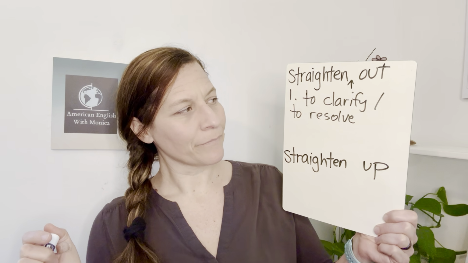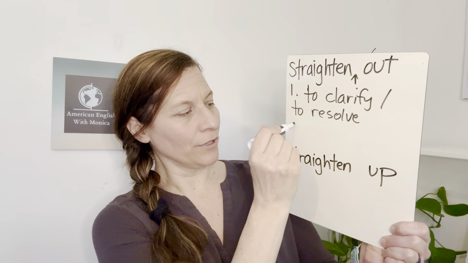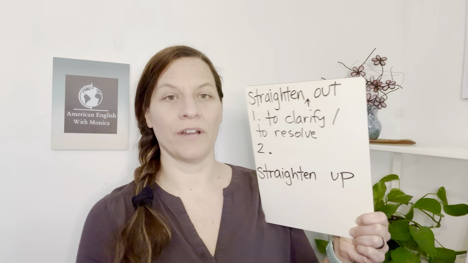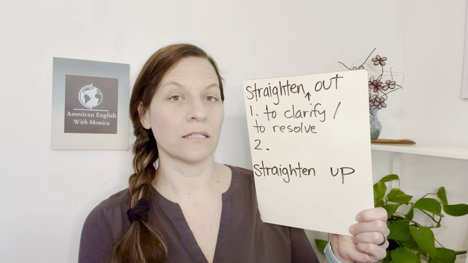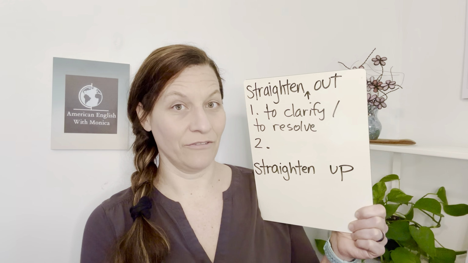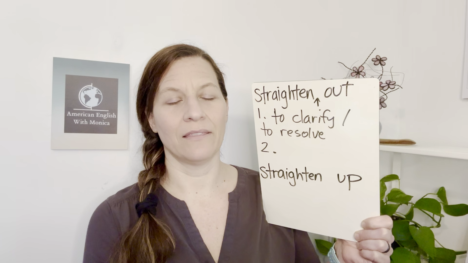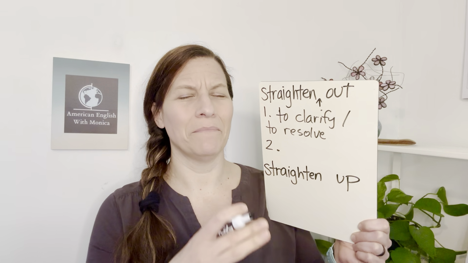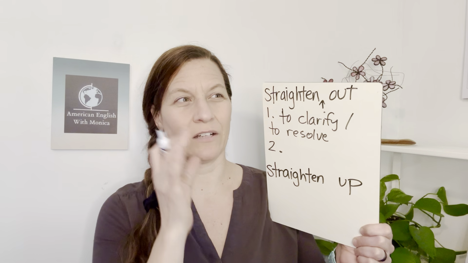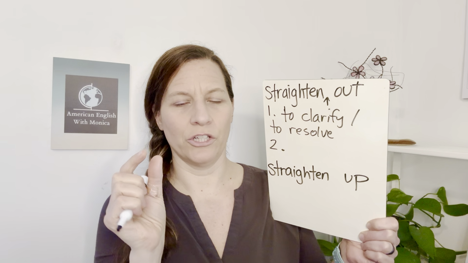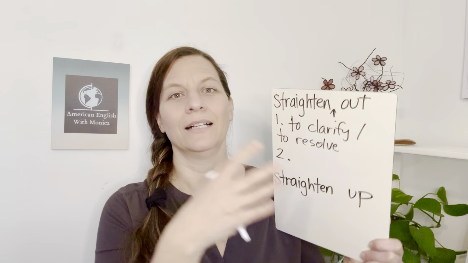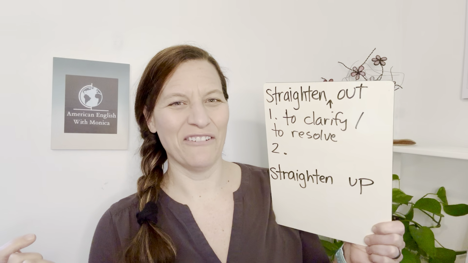Okay? The second reason why we use this phrasal verb is when we're talking about fixing someone's life. And when I say their life, I mean we use this in the context of a lot of problems. Okay, if it's just a small little issue, we probably wouldn't say they need to straighten out their life.